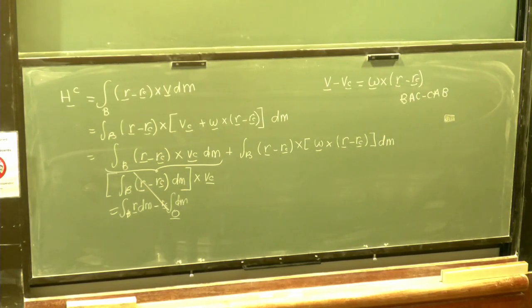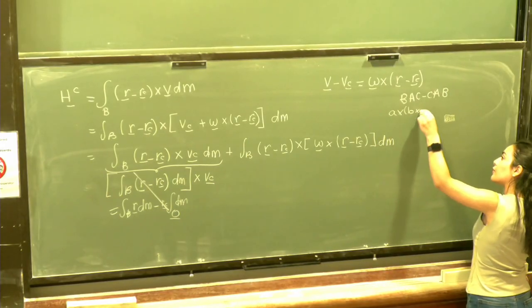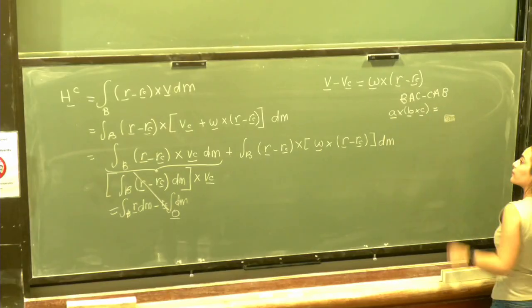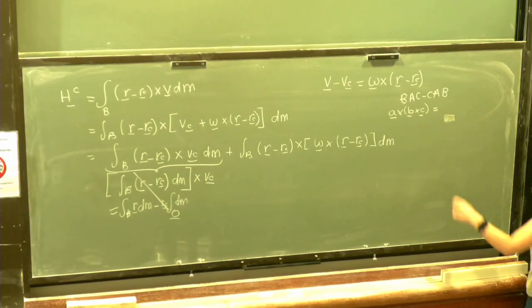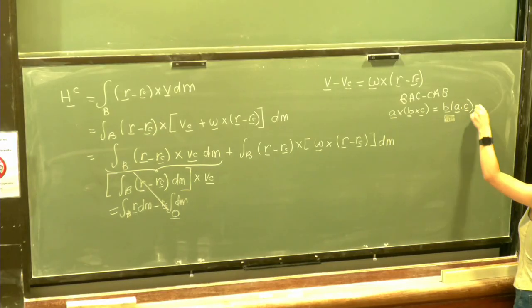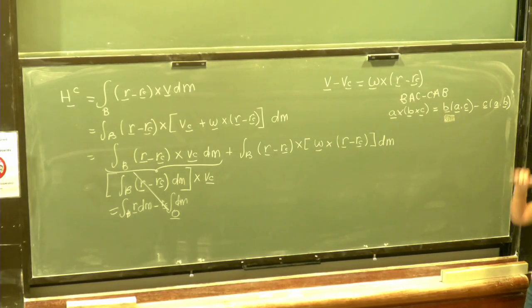Yes. So if I had A cross B cross C, that would be equal to what? Is that it? Do I have this right? So that's where the name comes from, BAC-CAB.